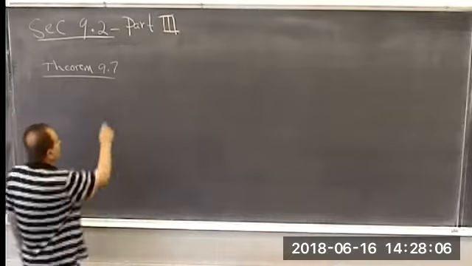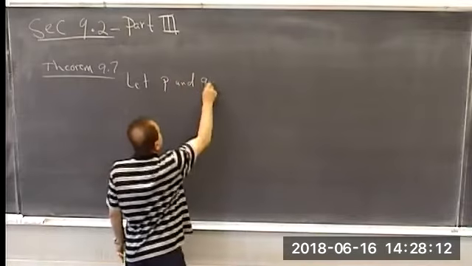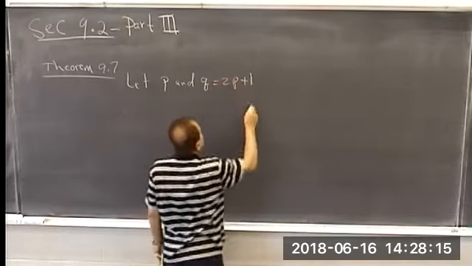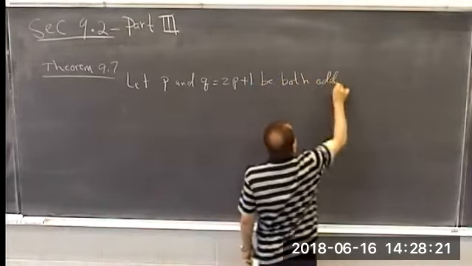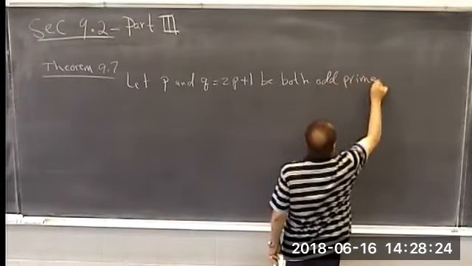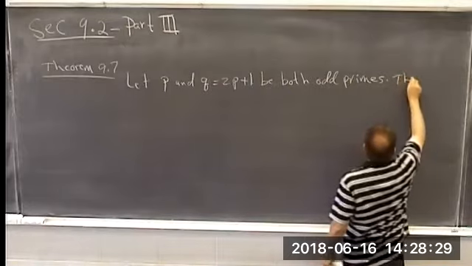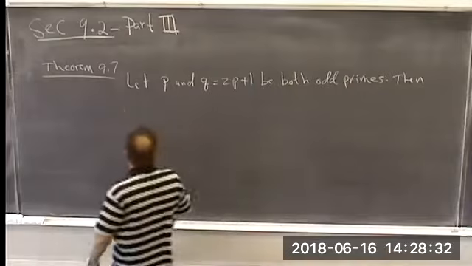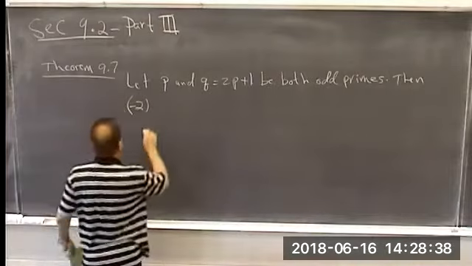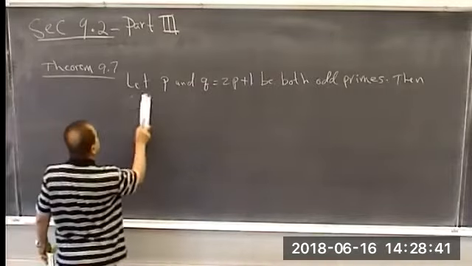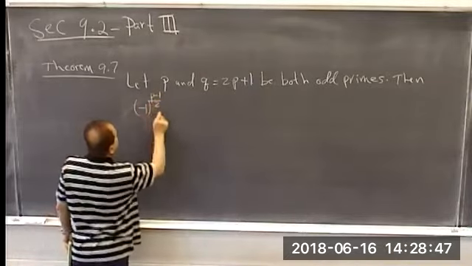It says: let p and q, which is 2p plus 1, both be odd primes. Then we have negative 2 to this power, or actually we separate it into minus 1 to the (p minus 1) over 2 multiplied by 2.